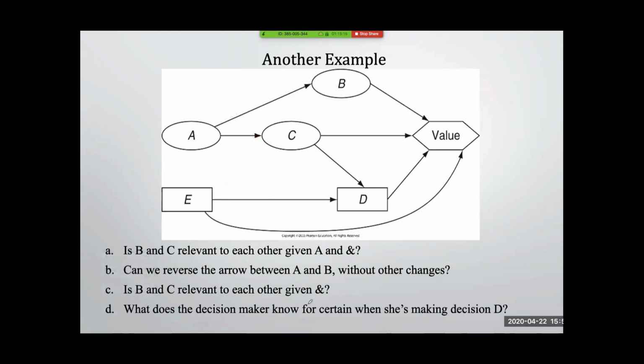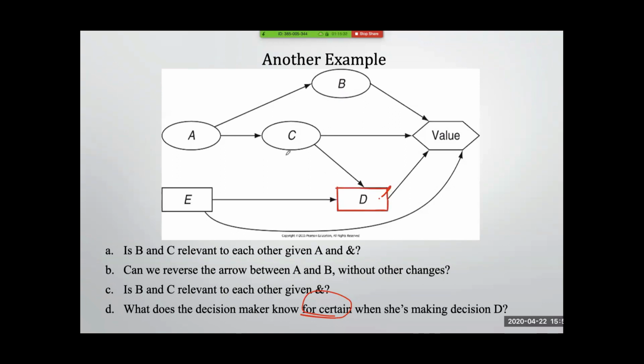The next question is, what does the decision maker know for certain when she's making decision D? Let's locate decision D, which is over here.